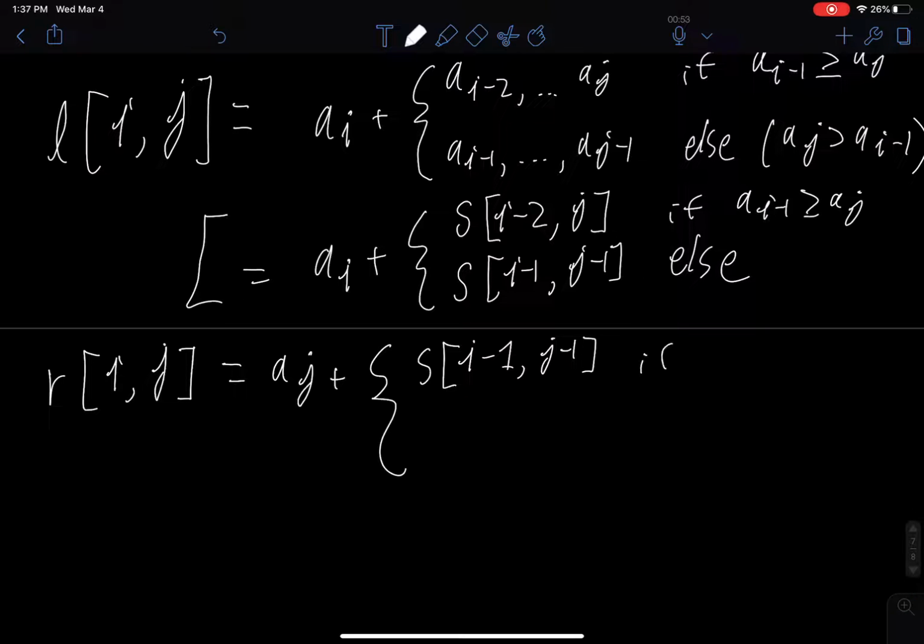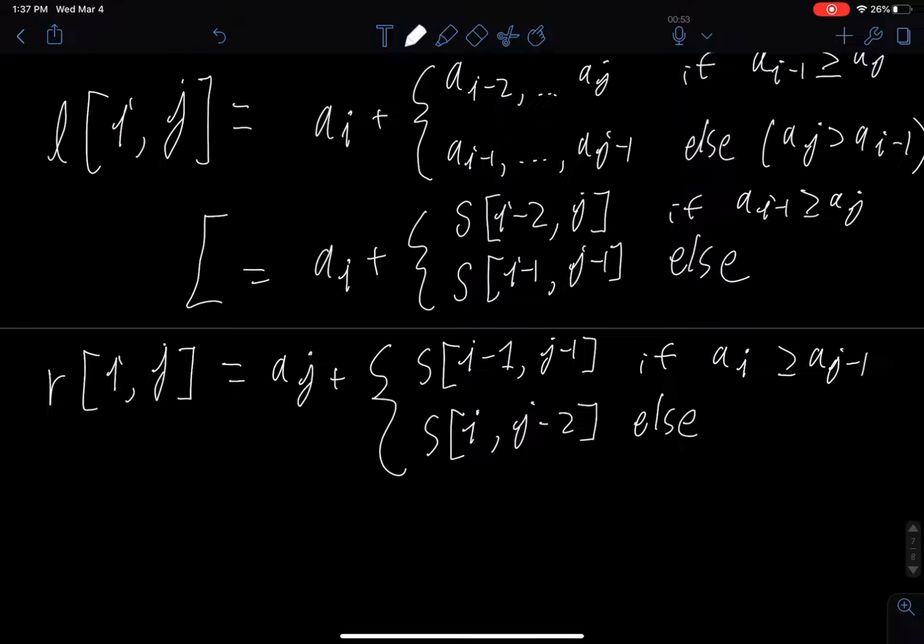That's if Ning chooses the leftmost card, which occurs if A sub I minus 1 is greater than or equal to A sub j minus 1. If we chose card number j, Ning sees cards I through j minus 1. If A sub I is greater than or equal to A sub j minus 1, Ning will choose A sub I, leaving us with cards I plus 1 through j minus 1 to look at. Otherwise, we'll be looking at cards I through j minus 2.